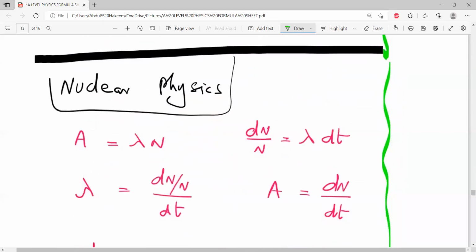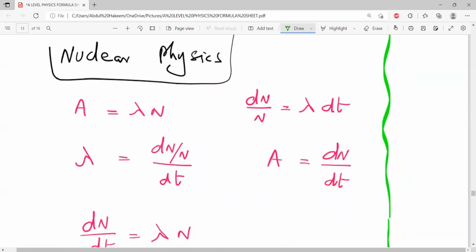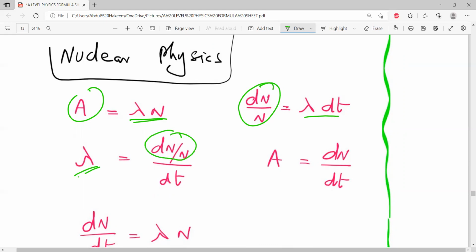And then nuclear physics: activity is equal to lambda N, dN over dt is equal to lambda N. This lambda, the decay constant, is dN over N divided by dt, and this dN over N is called the probability. So the probability of the nucleus per unit time to decay is called the decay constant.